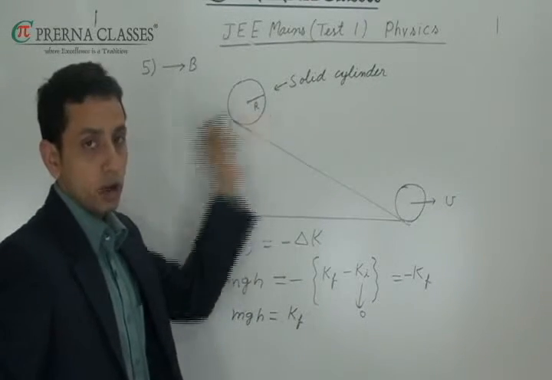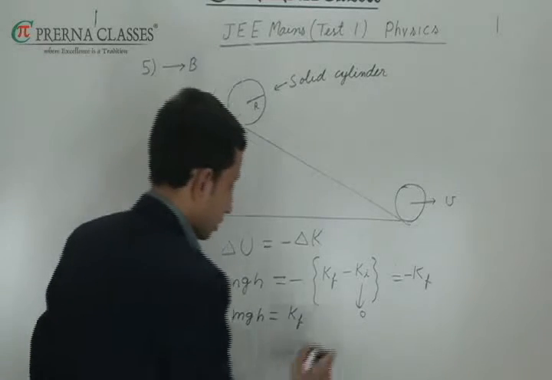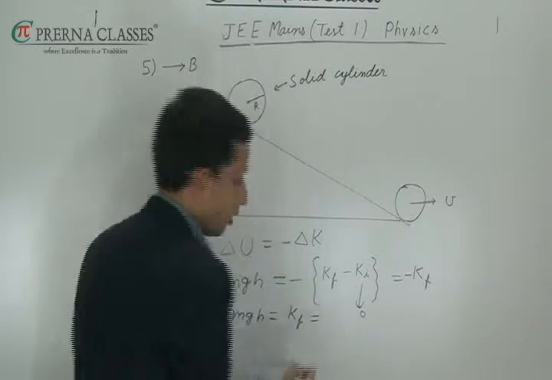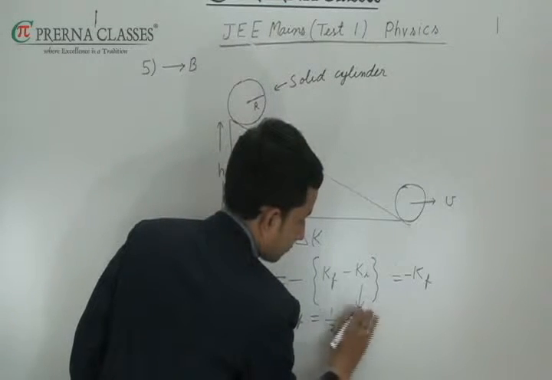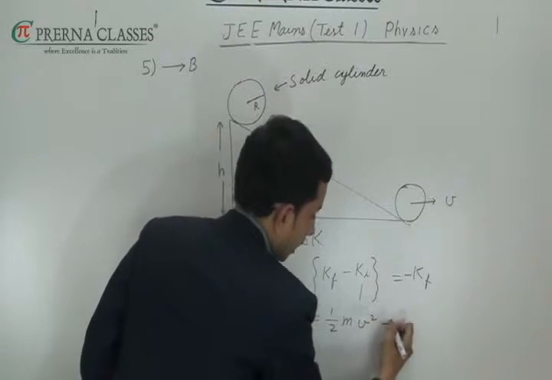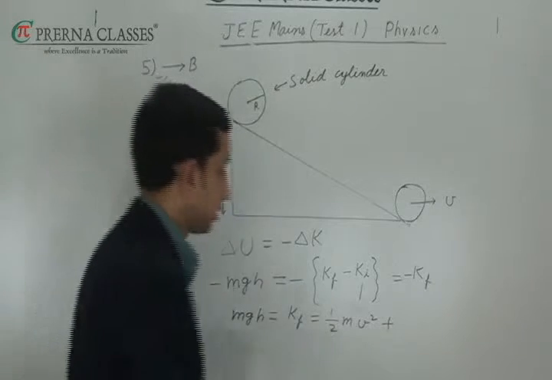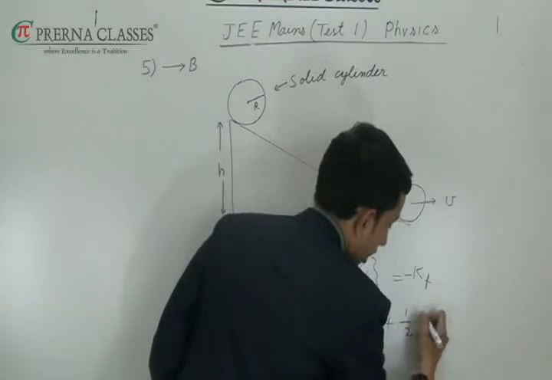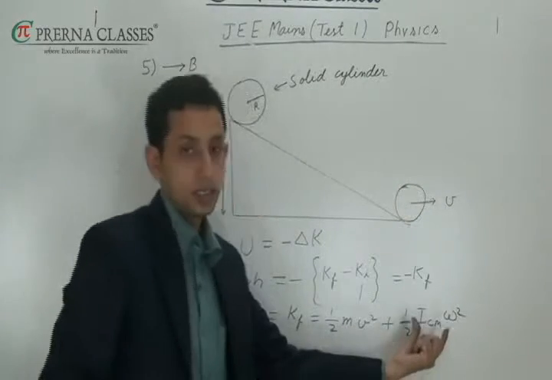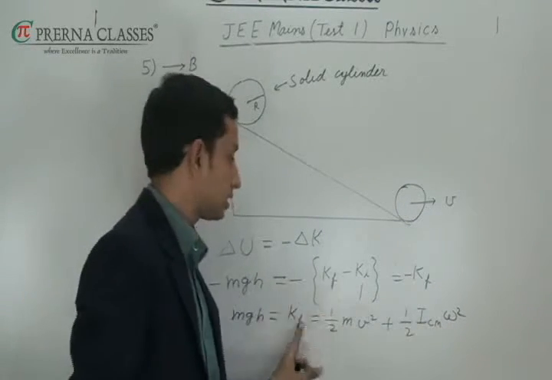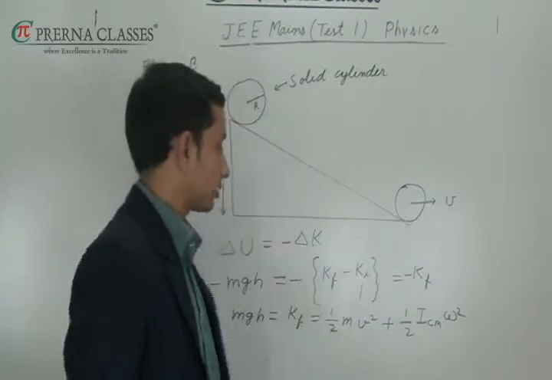The kinetic energy of the solid cylinder will have two parts. One will be translational, that is half mv square, and second will be rotational, that is half I cm omega square, where I cm is the moment of inertia of the solid cylinder about its center of mass.